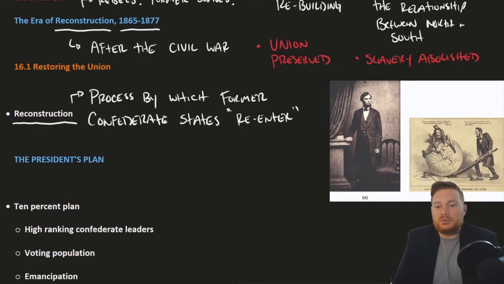They were simply in rebellion. Former states re-enter the Union. Essentially, all of them will be required to draft new constitutions that explicitly show that slavery is abolished.